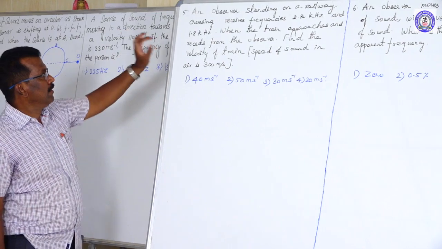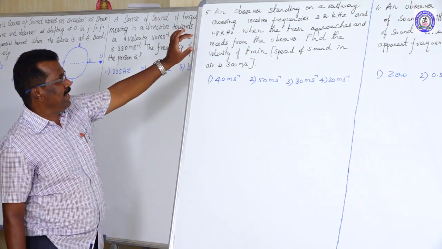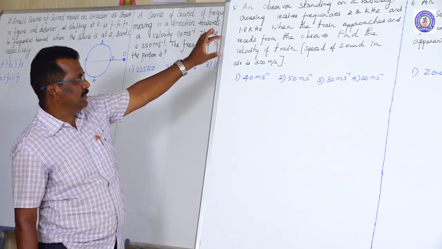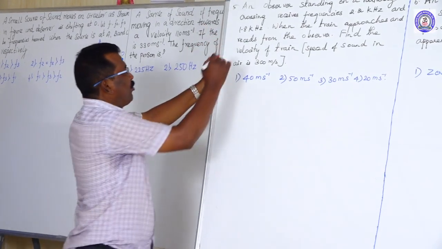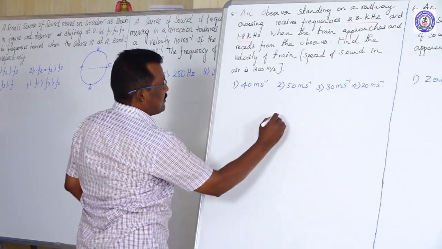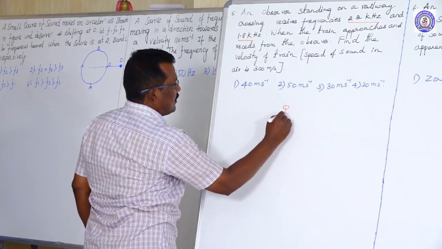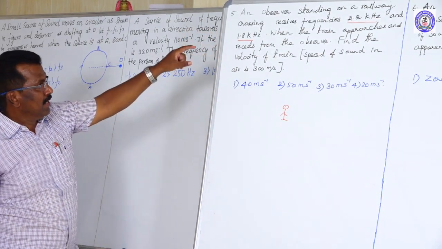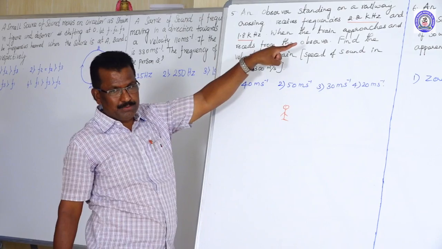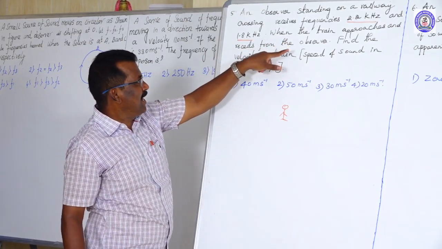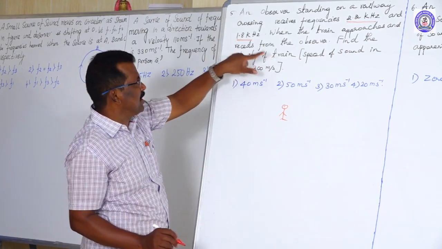Question number 5. An observer standing on a railway crossing received frequencies 2.2 kHz and 1.8 kHz when the train approaches and recedes away from the observer.